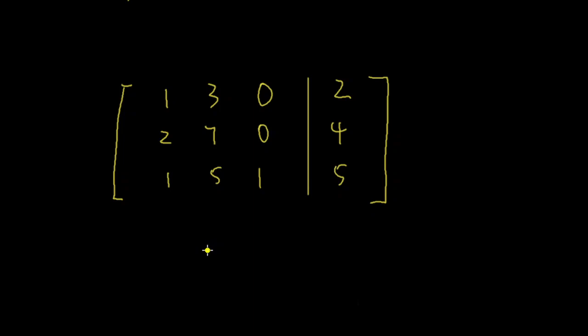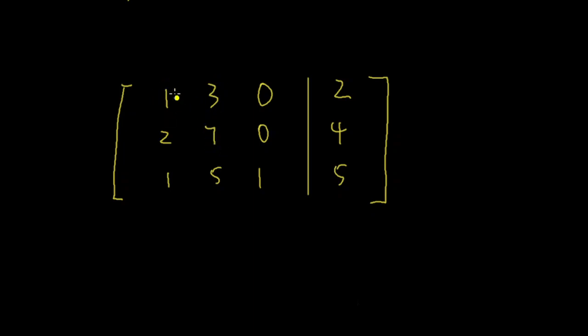Okay, so let's start. By looking at this, what can we do first? We might be able to make this one equal to 1 right away. If I multiply this number by -2, then this will become -6, and if I add it to this row here, it will become 1 here.